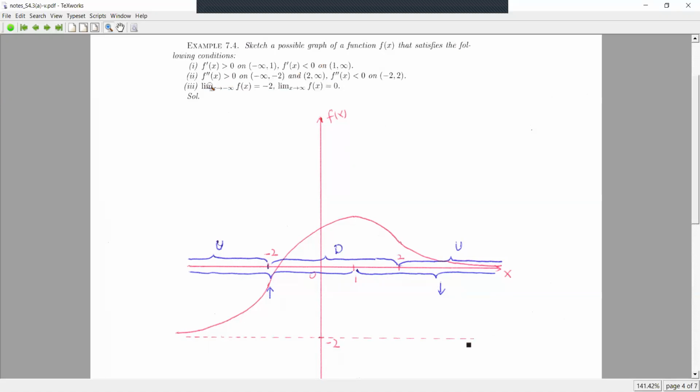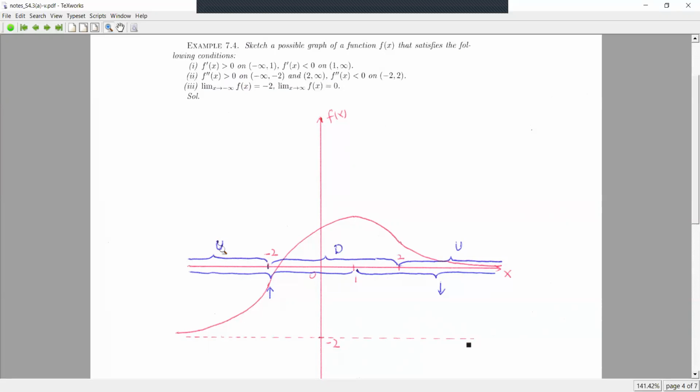this condition. Second derivative, remember, second derivative is about concave up and concave down. Second derivative greater than 0 on this interval. Greater than 0 is concave up. So from -infinity to -2, the graph of the function is concave up.